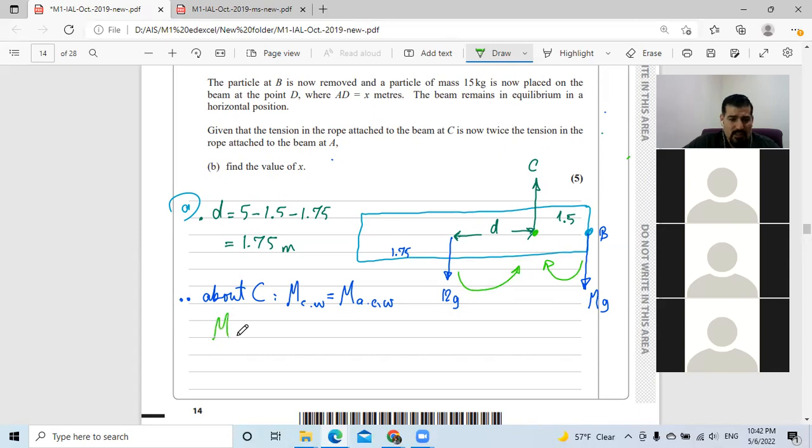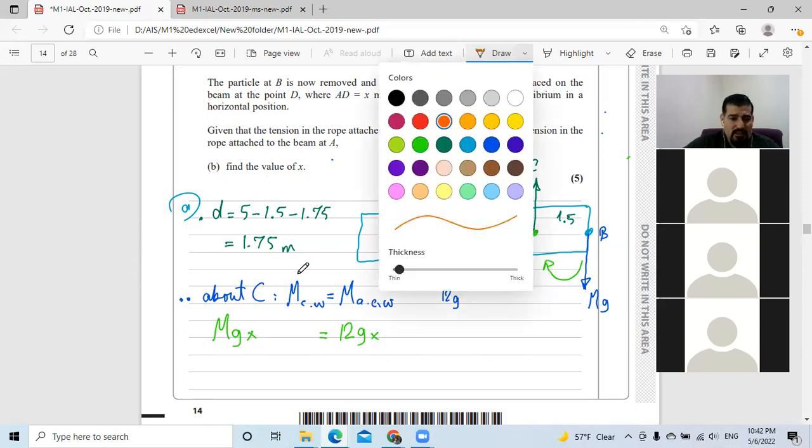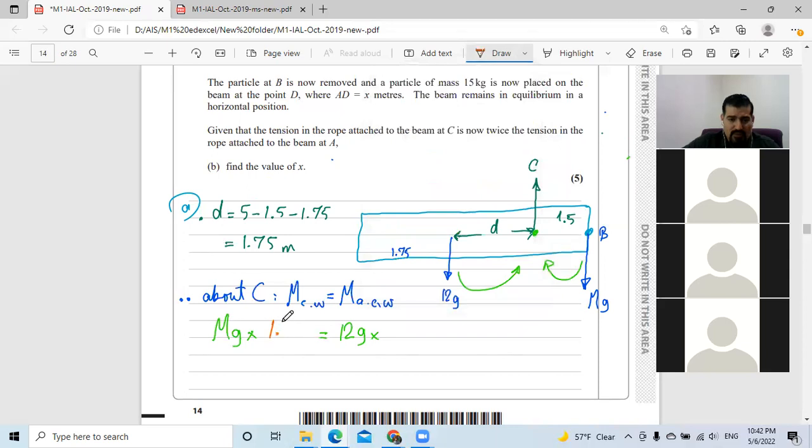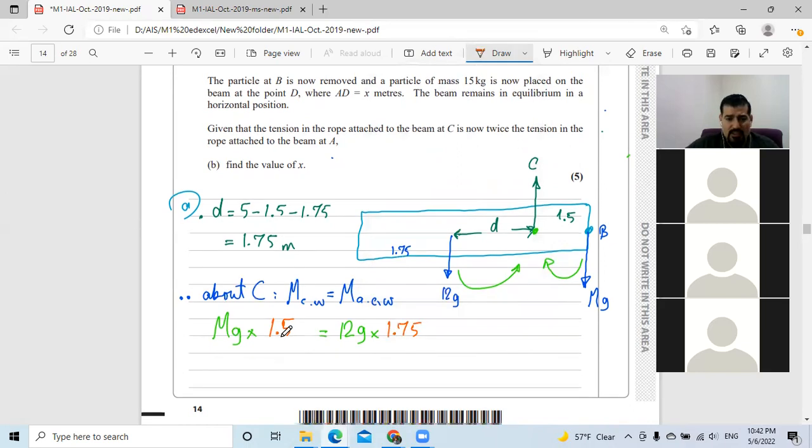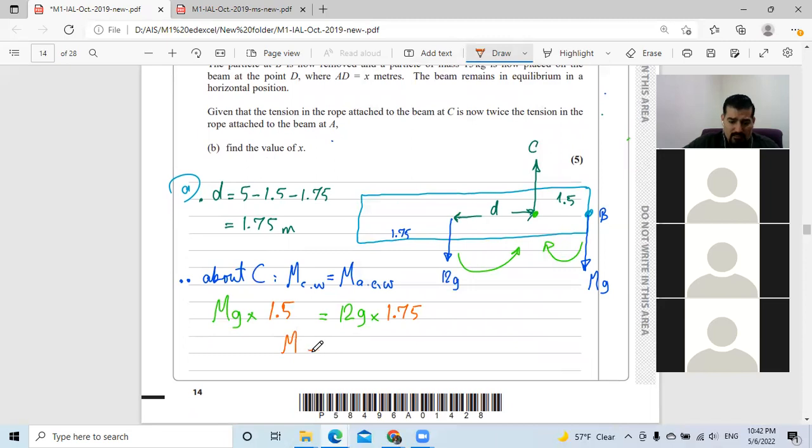So we are going to say mg times its distance is equal to 12g multiplied by its distance. So the distance of mg is 1.5, and the distance of 12g is 1.75. Divide by g, divide by g, divide by 1.5, m equals 14 kilograms.